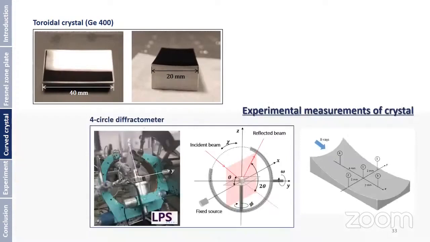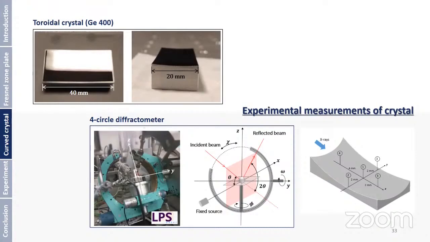The fabrication of this crystal was carried out by Saint-Gobain. As the deviation between the theoretical design and the fabrication cannot be avoided, we first checked the parameters of this crystal with a full-circle diffractometer in LPS.